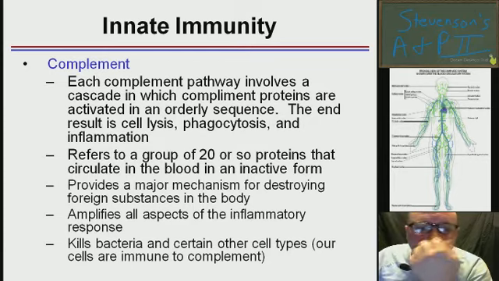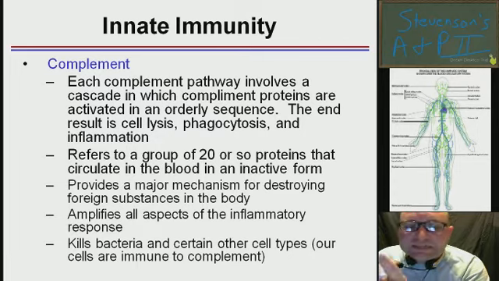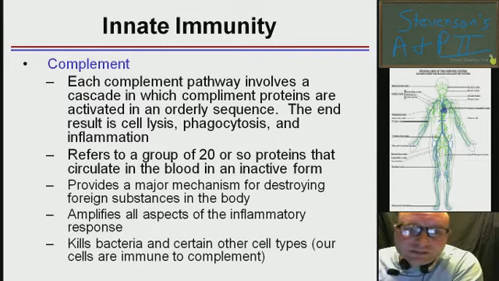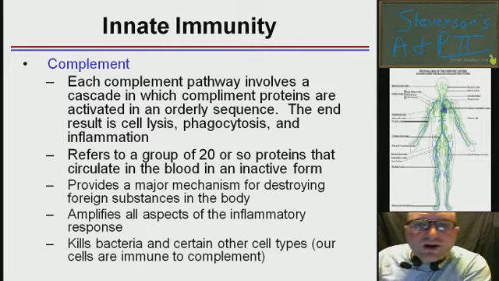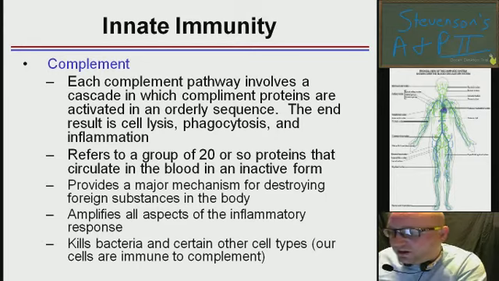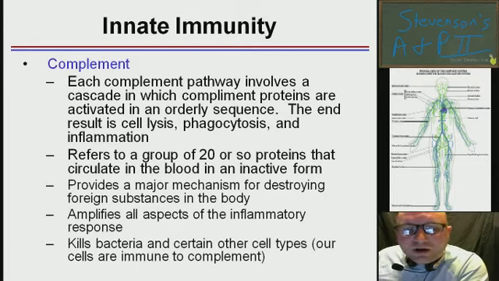It amplifies all aspects of the inflammatory response when it activates. The complement system will also be able to kill bacteria and certain other types of cells, but our cells are immune to the complement proteins.